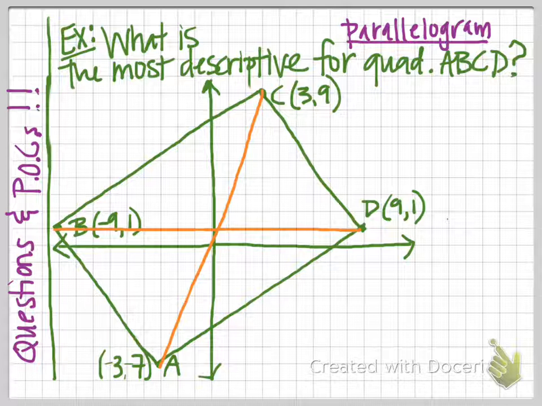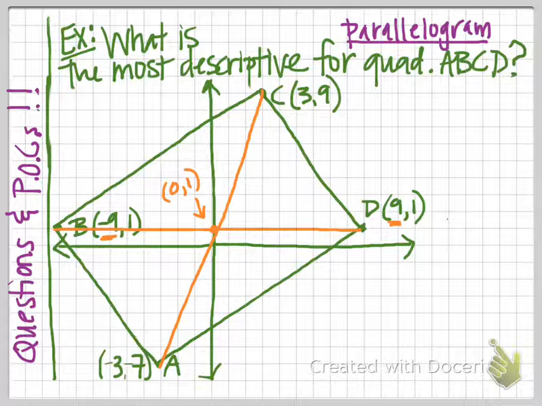So I can count where the midpoint is. If I look at the x values, it goes from -9 to +9, which means the midpoint is right at 0. So the midpoint of BD looks like it's at 0, 1, this point right here.